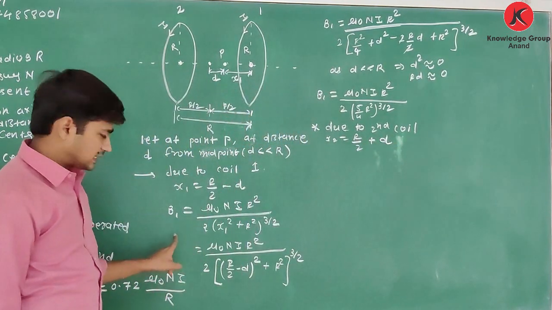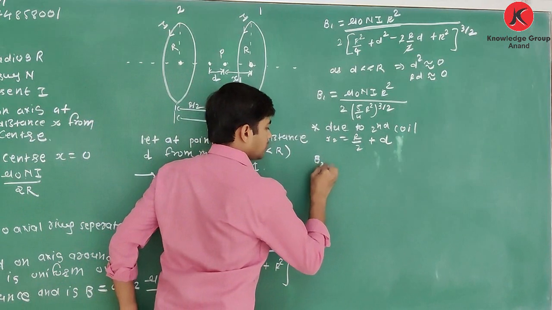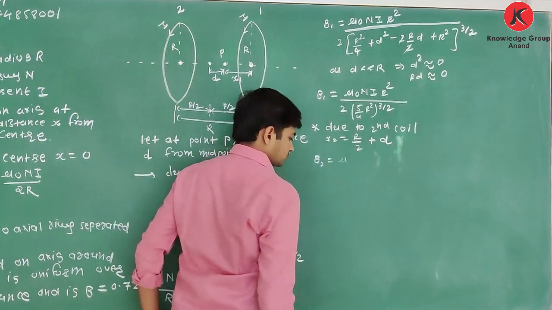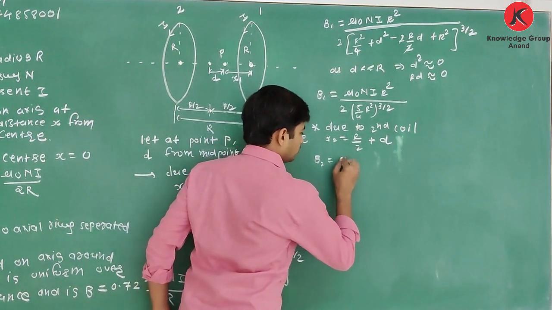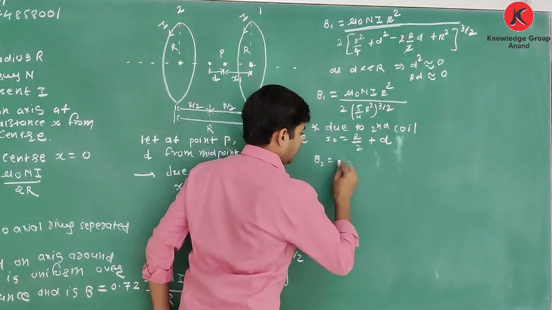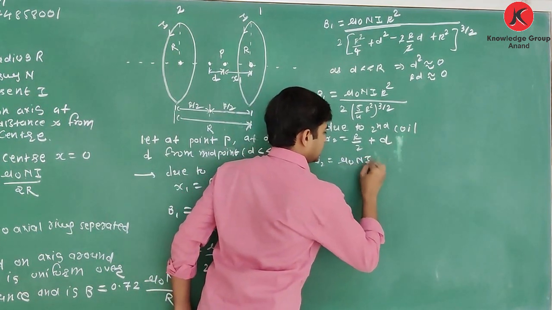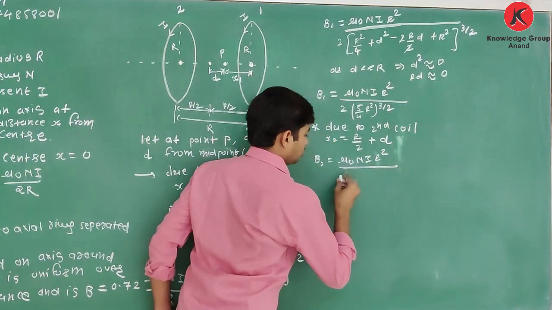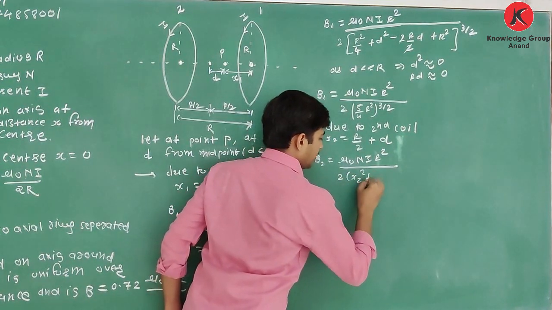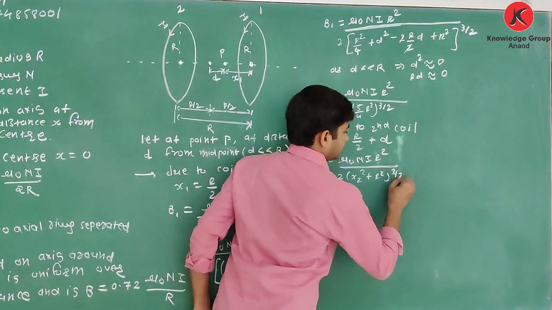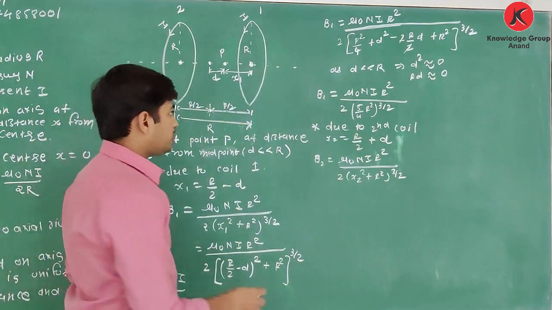Then if I write a similar equation, I can write B2 is equal to mu 0 N I r square upon 2 times (x2 square plus r square) raised to 3 by 2. Clear? Now put the value of x2.